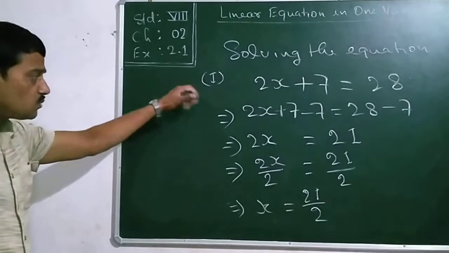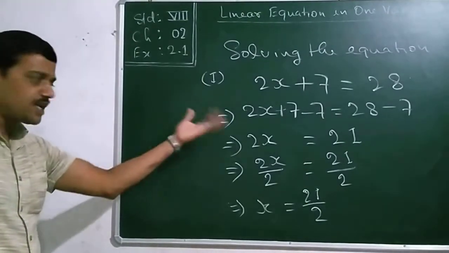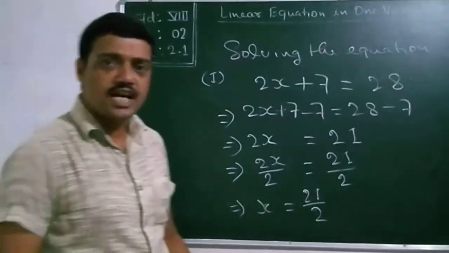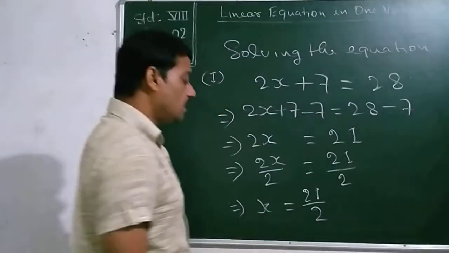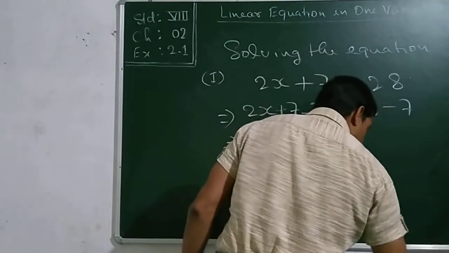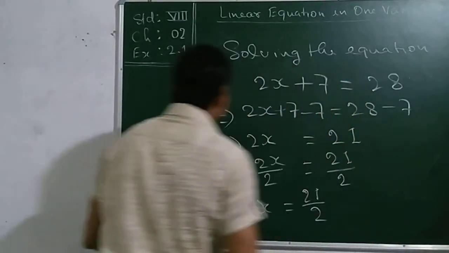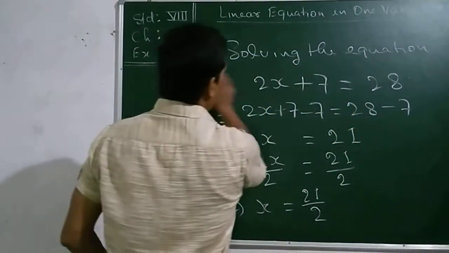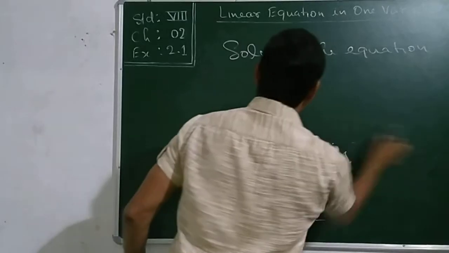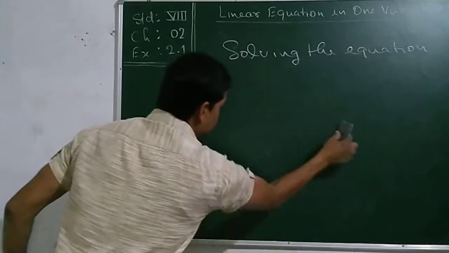In this way, this was one of the methods, by adding, subtracting, multiplying and dividing both the sides by the same number. The other method we had used in the previous classes was transposing the number. How did we use this method?